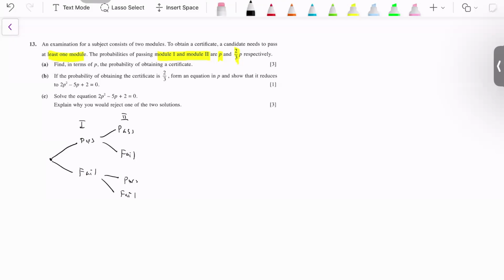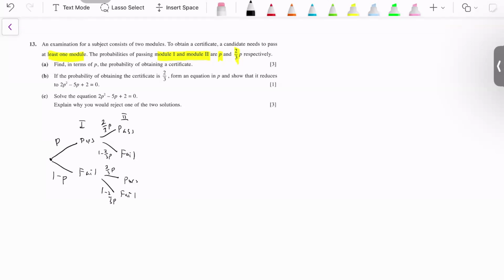The probability of you passing module 1 is p, and of course, the probability of you not passing module 1 is 1 minus p. Next, module 2: the probability of you passing module 2 is 2/3 p, and failing is 1 minus 2/3 p. Same for the other.